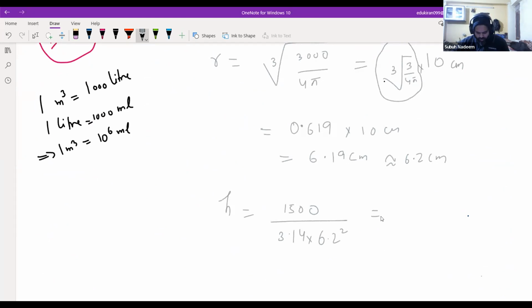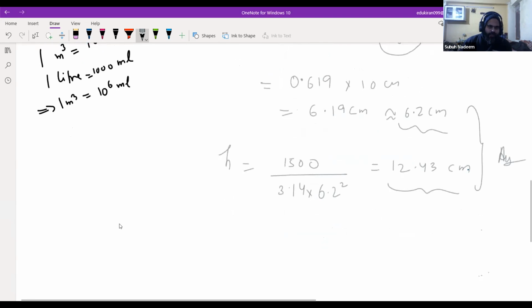So 1500 upon 3.14, divided by 6.2, divided by 6.2 again. So it is 12.43 approximately. So this is the dimension. Optimal dimension is radius 6.2 centimeter and height 12.43 centimeter.